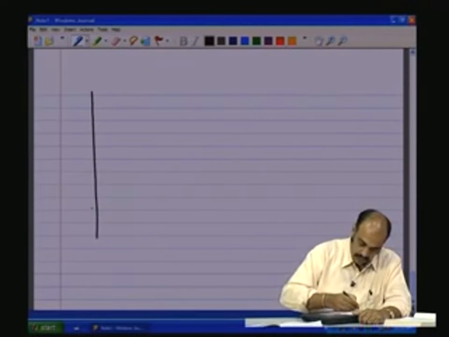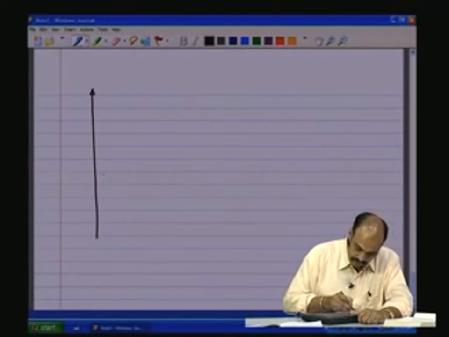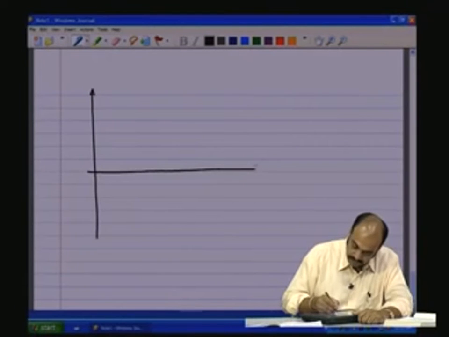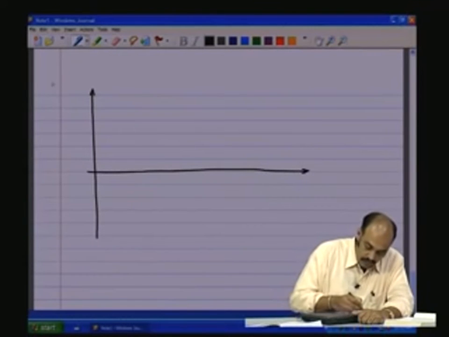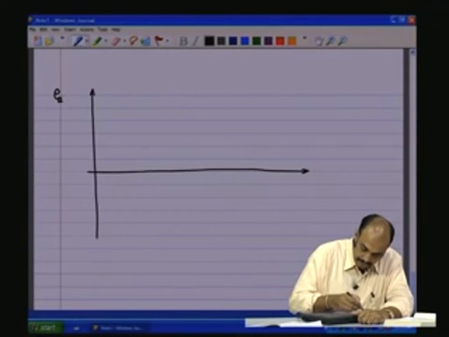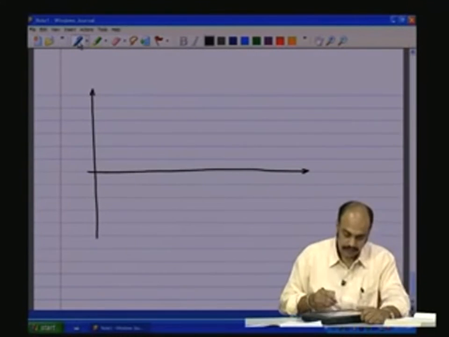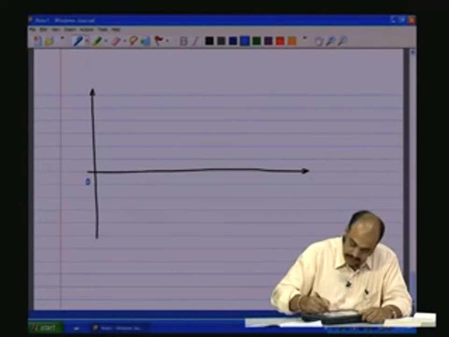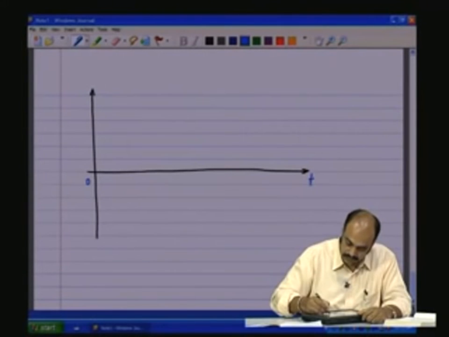So, we draw the three phase voltages E A. Now we start from 0, this is the time t.